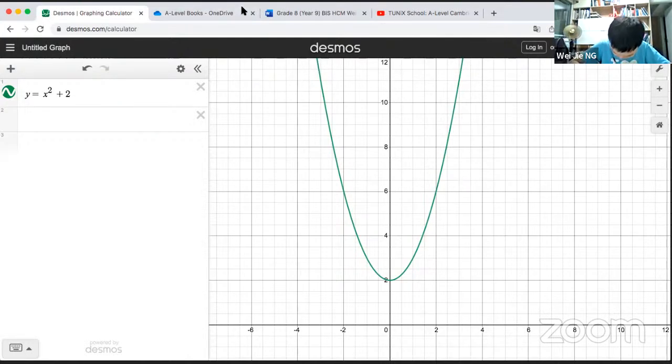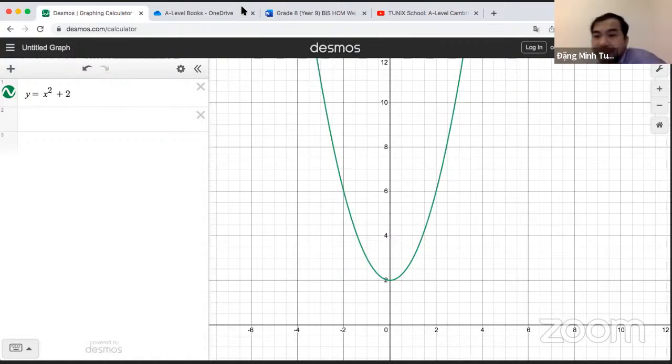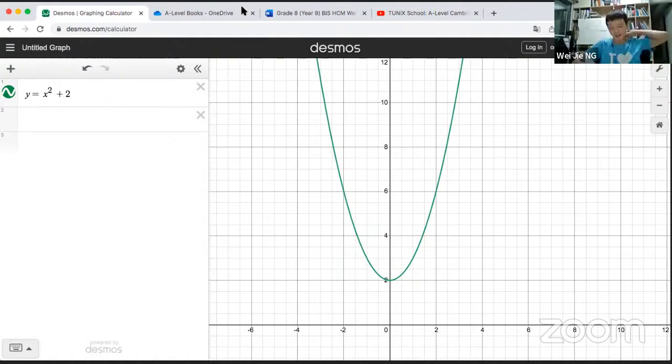Yeah, it's like a parabola. It's not the best parabola I've drawn, but okay. It's very sketched out because I was rushing.